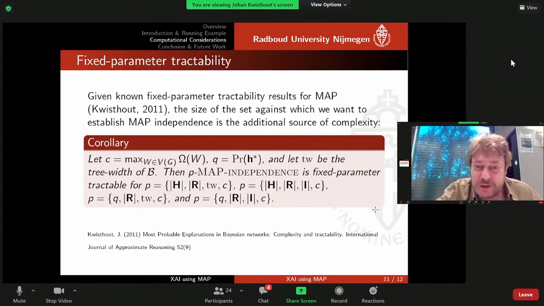If we take into account this additional parameter, the number of variables for which you want to establish MAP independence, and see that as bounded, then we can call this a tractable problem, given these constraints.